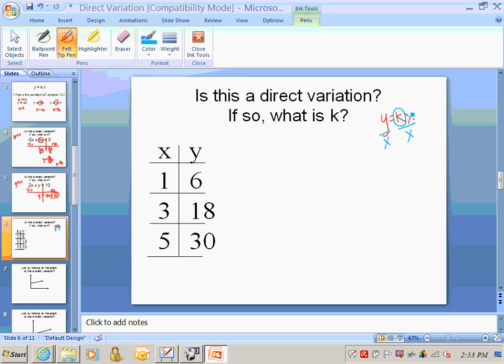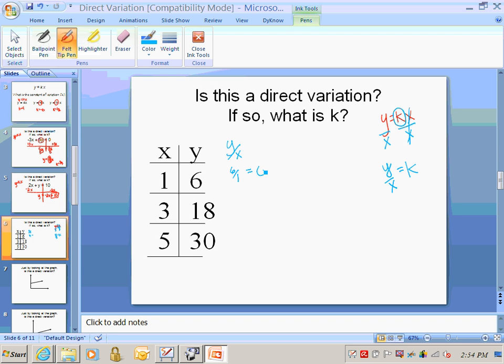So I know, these will cancel, that k is the same thing as y divided by x. So over here, to see if it's a direct variation, all I have to do is do y divided by x. If they come out to the same number, it's a direct variation.